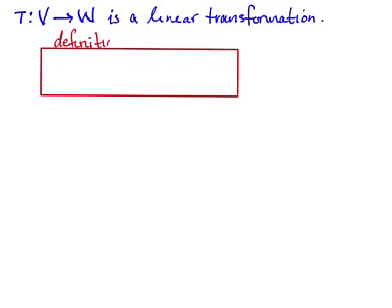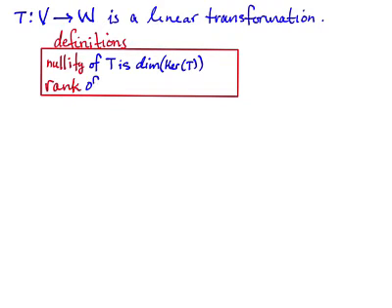All right, so let's look at a few more definitions. So we've got a linear transformation from V to W. We define the nullity of T to be the dimension of the kernel of T. And we define the rank of T to be the dimension of the range of T. So T does not have to be defined by a matrix, by matrix multiplication.